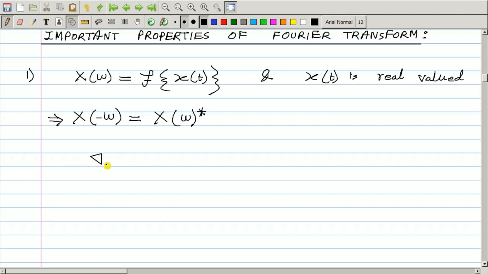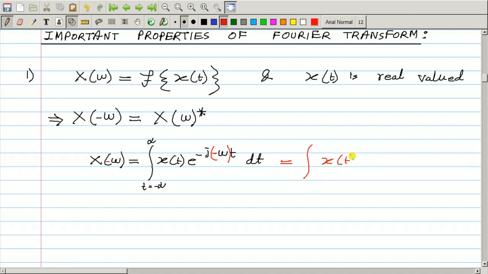You know that X(ω) is given as the integration of x(t) e^(-jωt) dt, t equal to minus infinity to plus infinity. And therefore, if you want to calculate the value of the Fourier transform at minus ω, you have to put minus here in the right hand side. And then this is nothing but x(t) e^(-jωt) dt, conjugate of this, from t equal to minus infinity to plus infinity.